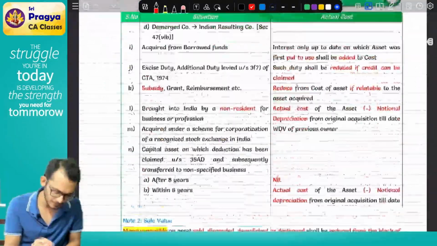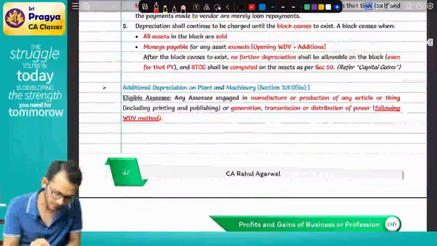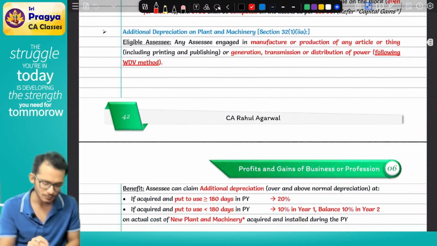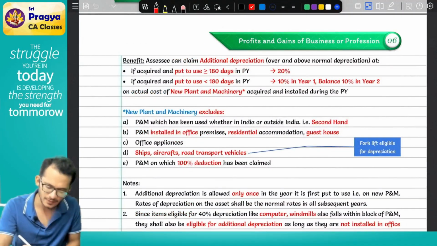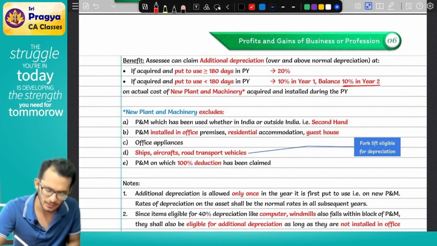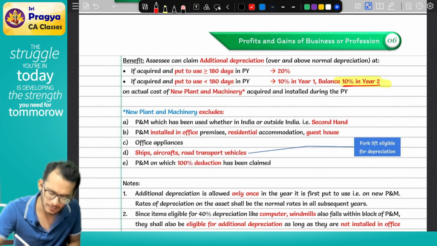It's in page number 42, page number 42, 43. Yes, if you notice, it is 10% in year 2. If you want, you can put a highlight on this and somewhere make a note, 10% of cost, not WDV.